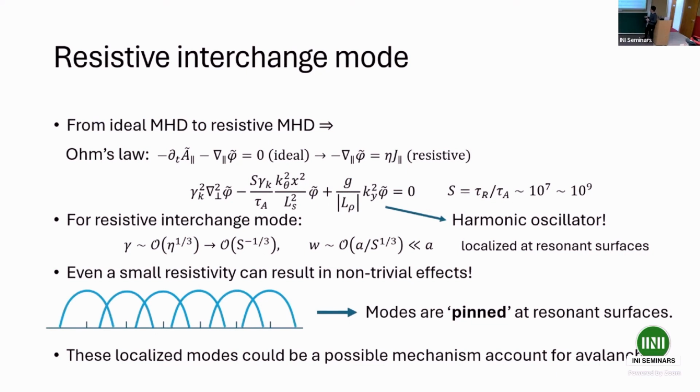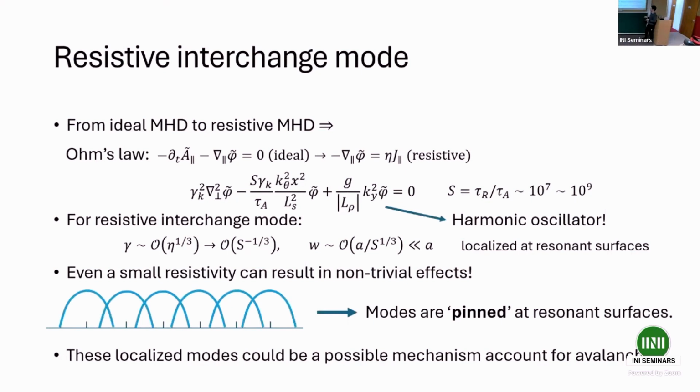Here the growth rate is proportional to eta to the 1/3, and the mode width is proportional to S to the minus 1/3, which means the mode structure is very narrow and localized at resonant surfaces. So I can draw the conclusion that modes are pinned at the resonant surfaces.